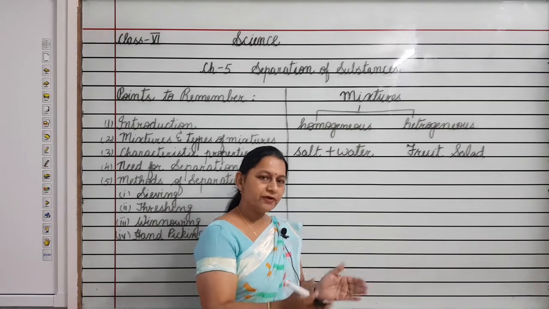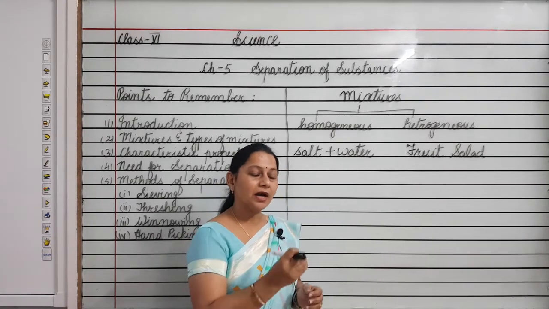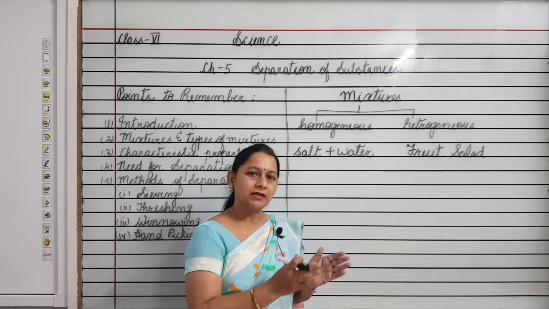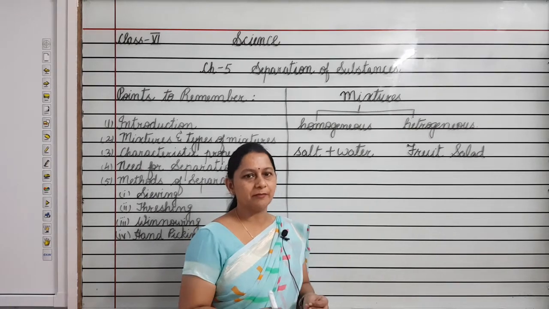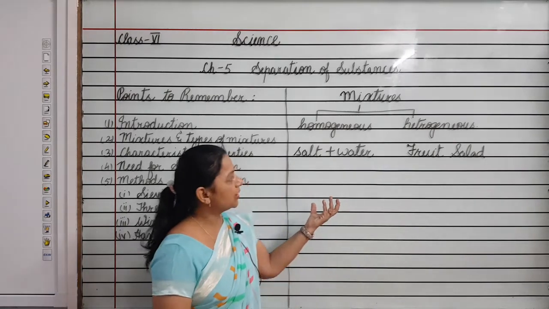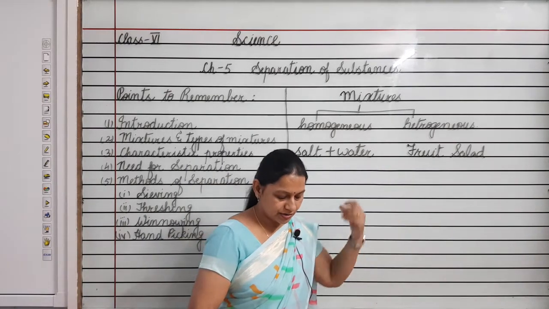You have different fruits in a combination, but you are able to identify the different fruits in it, that is, the components are visible to you. You can separate them out easily by simple techniques. So, these were about homogeneous mixtures and heterogeneous mixtures.